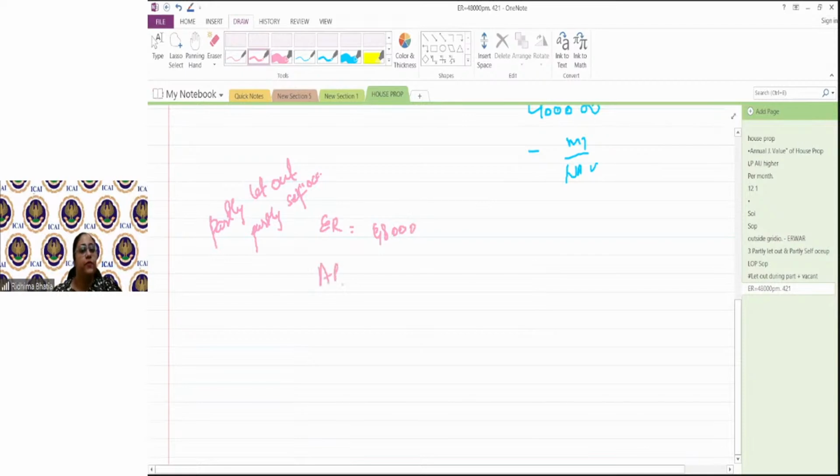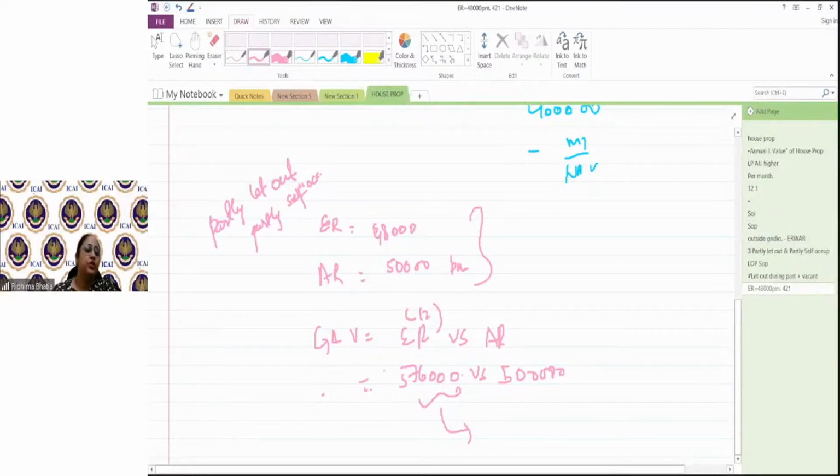Actual rent for 10 months tenancy is 50,000 per month, correct? Now in this case, GAV would directly be equal to expected rent for the 12 months period versus actual rent. Here you don't have to see whether it is coming lower because of genuineness. No. Here directly 48 into 12, 576 versus 5 lakh. So 576 would be my GAV. Simple. Here there is no need to compare anything.